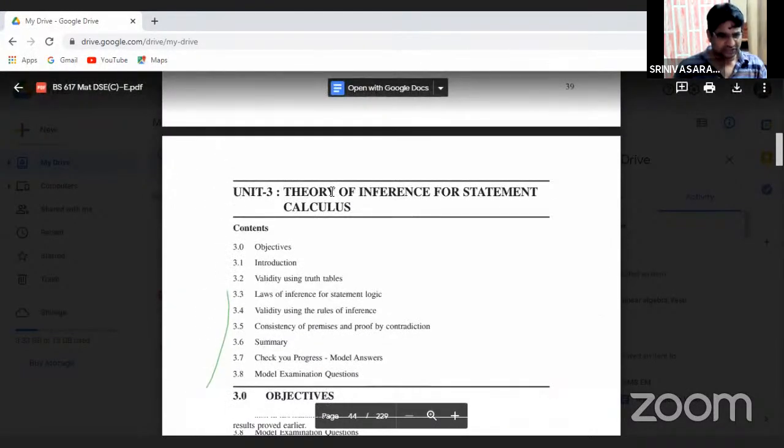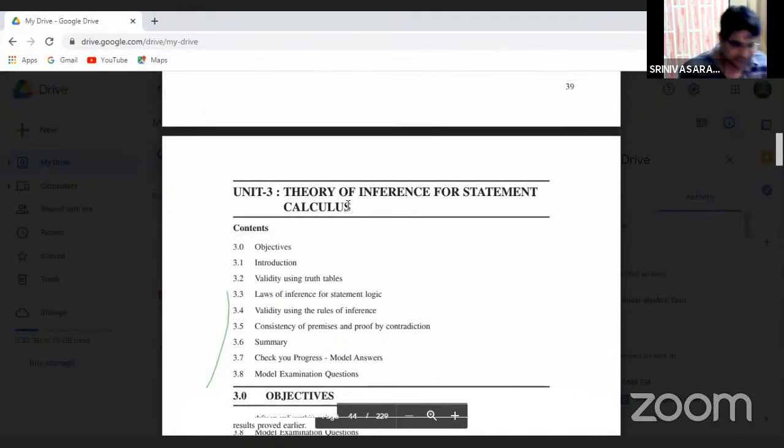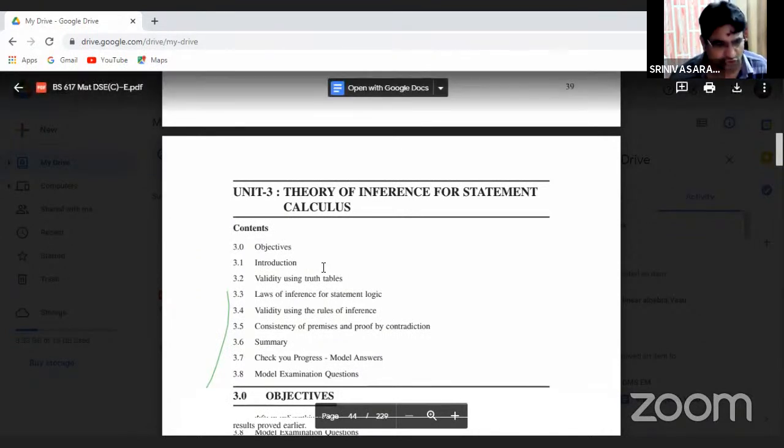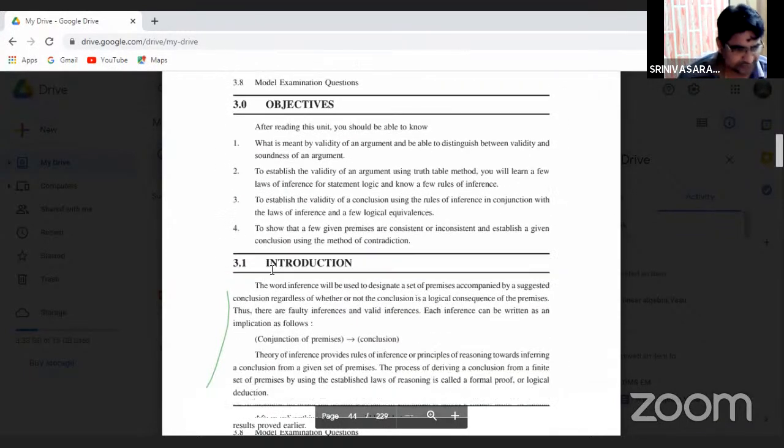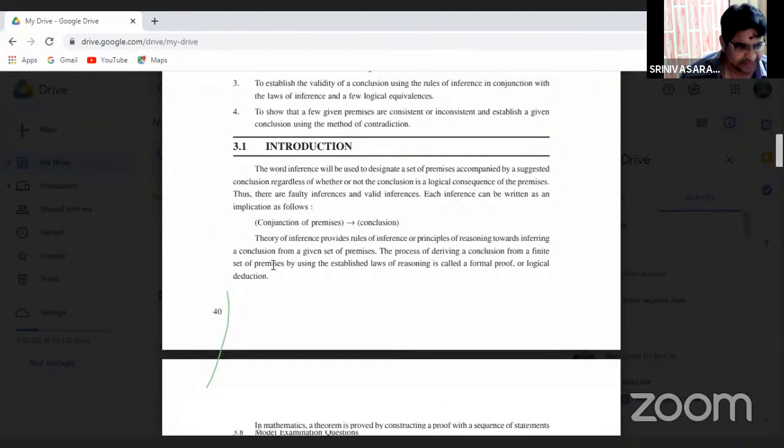Now the theory of inference for statement calculus. Calculus means the calculating part, that is, how to calculate the statements of the theory of inference. Now we have to observe this one. Every value is true here.